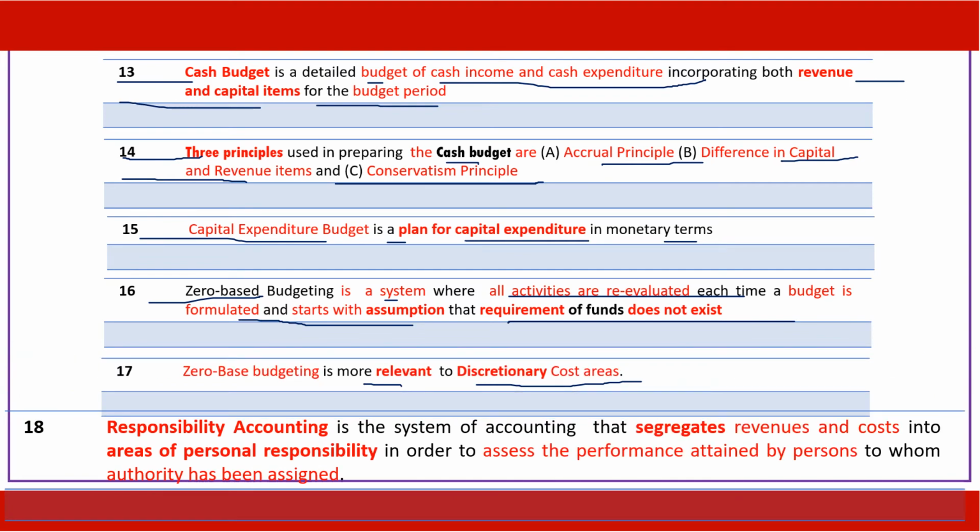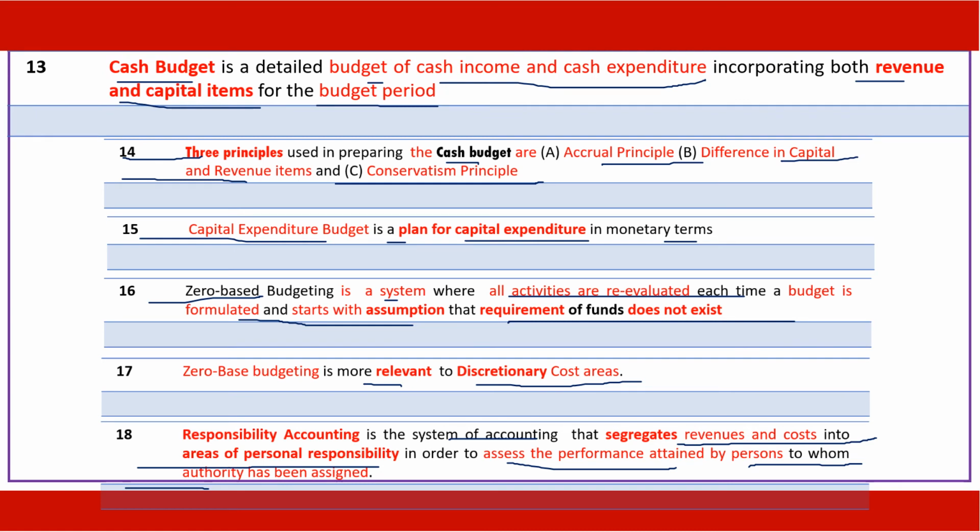Responsibility accounting is a system of accounting that segregates revenues and costs into areas of personal responsibility. It is accounted responsibility wise in order to assess performance of persons who were given the authority. Responsibility accounting follows the principle of authority holder to deliver on the budget.